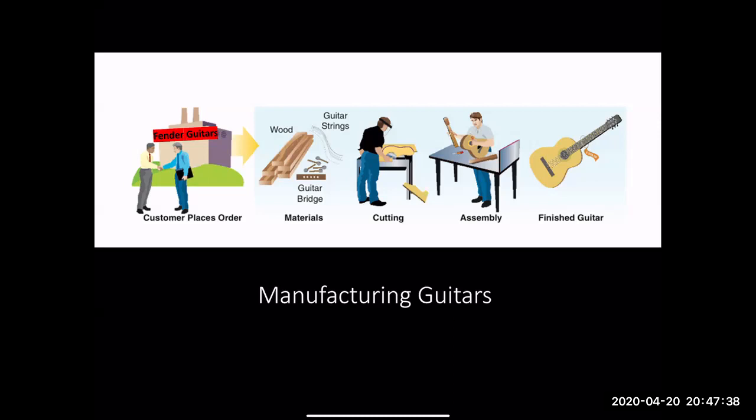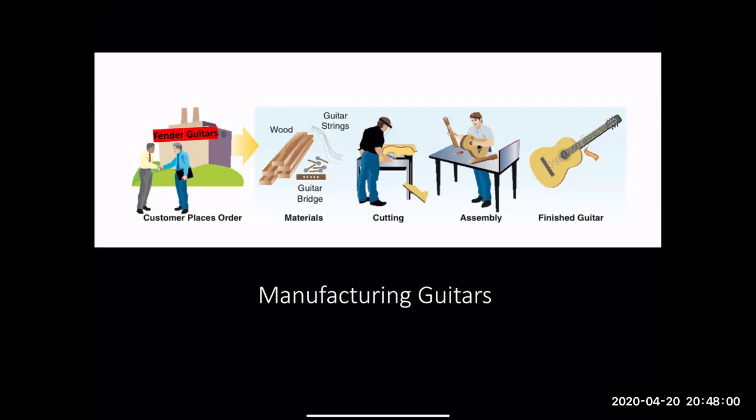No different than trying to buy wholesale. But once they have decided on price, quantity, and look and all of that good stuff, Fender now has the order they need to start to manufacture these guitars, right?